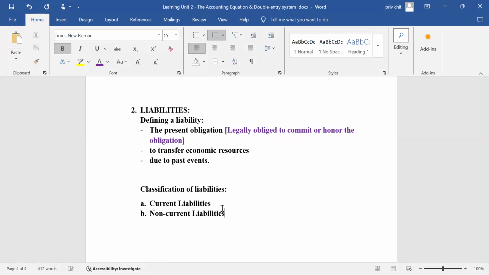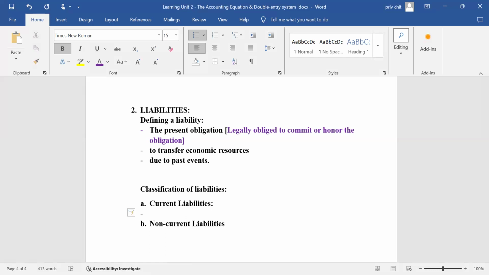Now let's have a look at typical examples of what makes up current liabilities. But before we do that, we need to understand what current liabilities are.